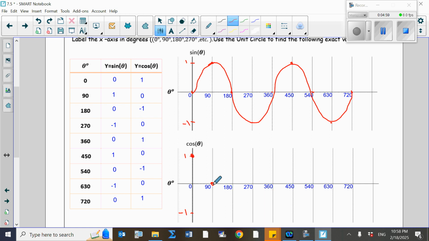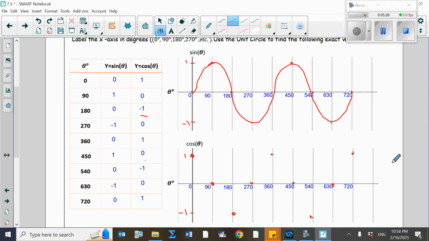Then we have 180 and -1. 270 and 0, 360 and 1, 450 and 0, 540 and -1, 630 and 0, 720 and 1.